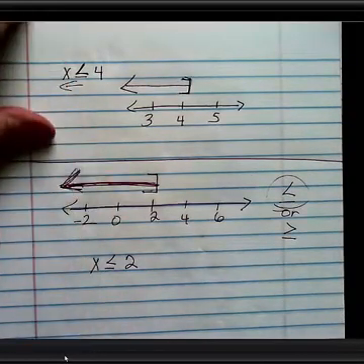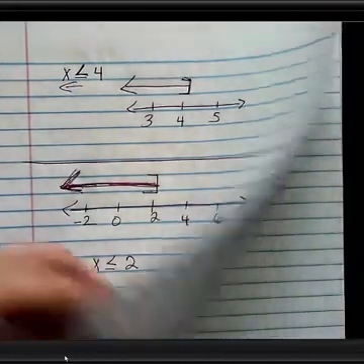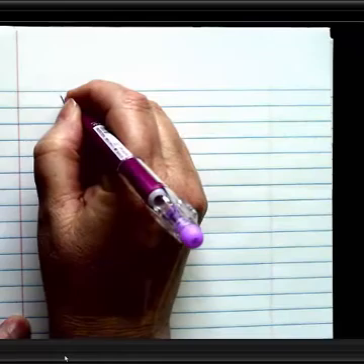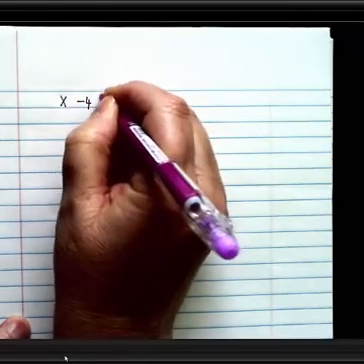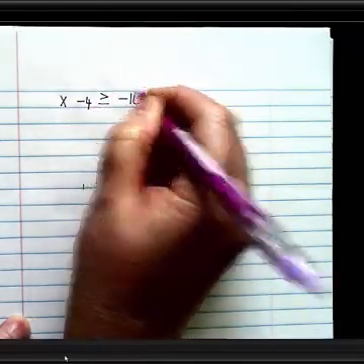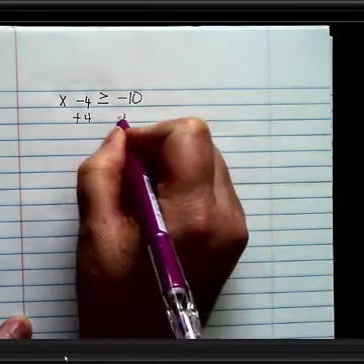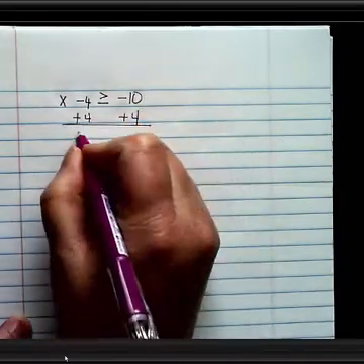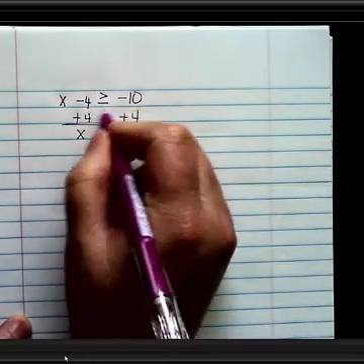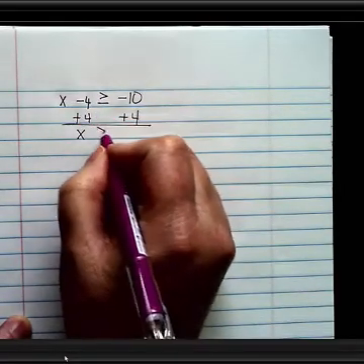So let's look at solving equations. You solve equations for the most part exactly the same. There's only one difference, and we're going to talk about that at the very end. So I would add 4 to both sides. X, this doesn't change.